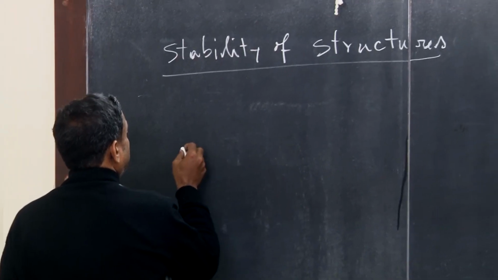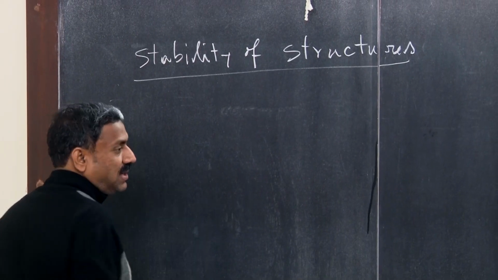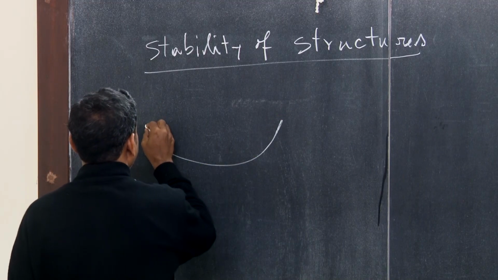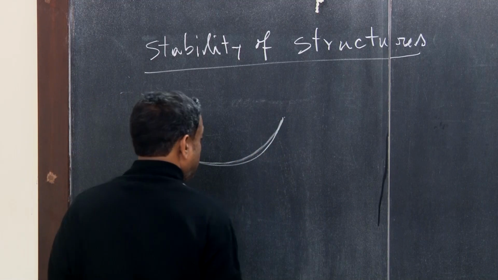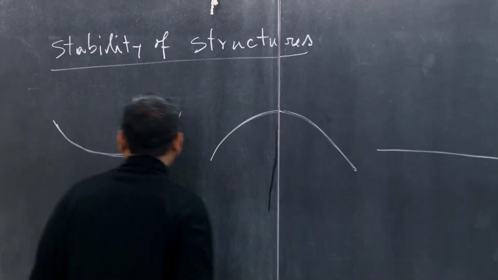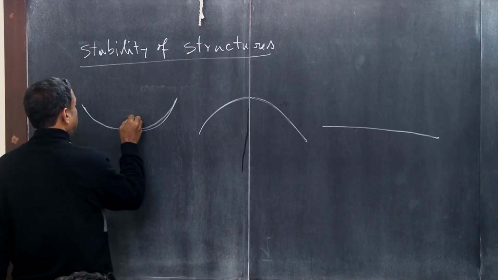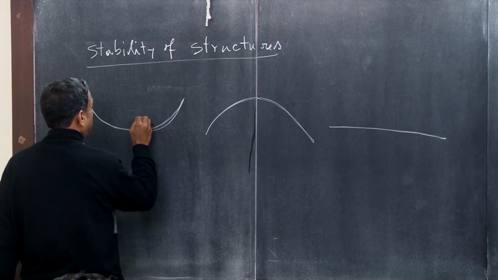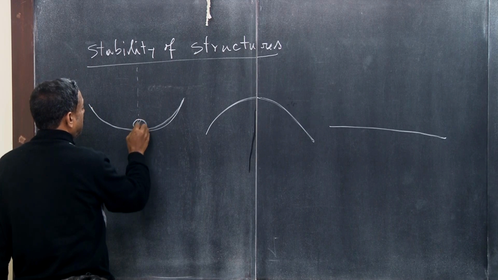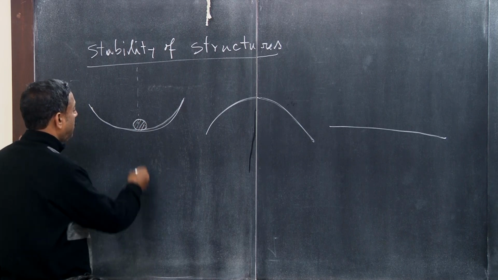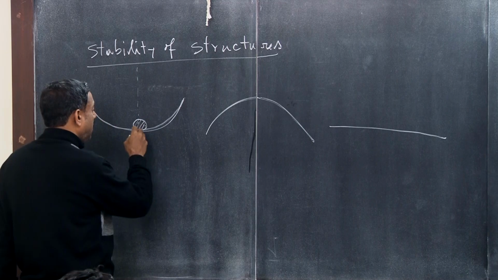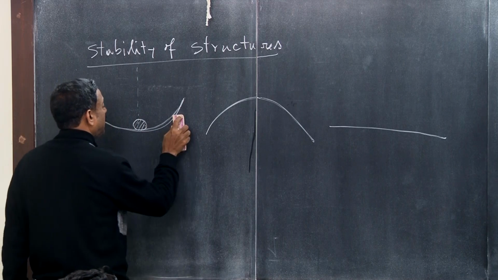We started with the simple system that we learned in our school level physics, that how we define stability there. We were considering three situations. First, a ball that is resting on a concave bowl, and you can see that this ball is under equilibrium because its weight is resisted by the reaction exerted by the surface.